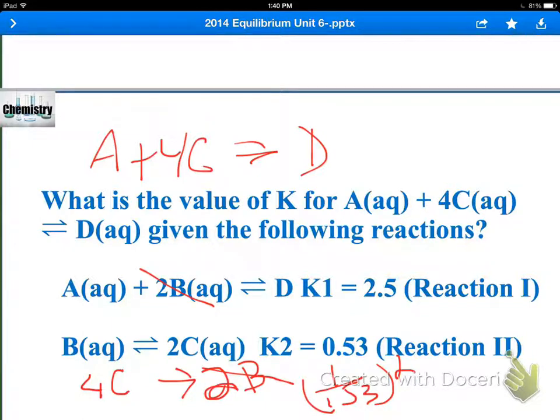I end up with A plus 4C gives me D. So the K for this reaction is 1 over 0.53 squared, times this K, which is 2.5, because I'm adding them together, and that's going to give me a value of 9.0. Okay, we're going to stop there.